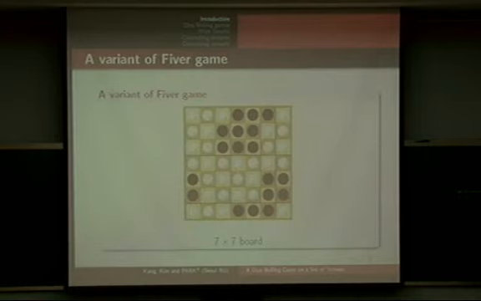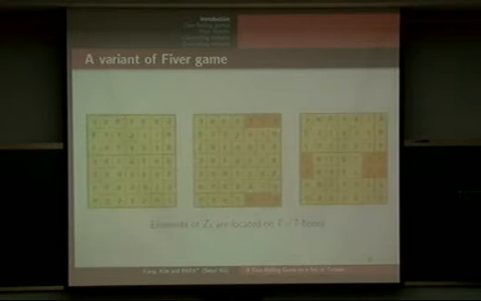Then, as you know, white and black colors are considered as elements of G sub 2, and so instead of G sub 2, we use the elements of G sub n. See this example. We locate elements of G sub 3 on a 7x7 board, like this.